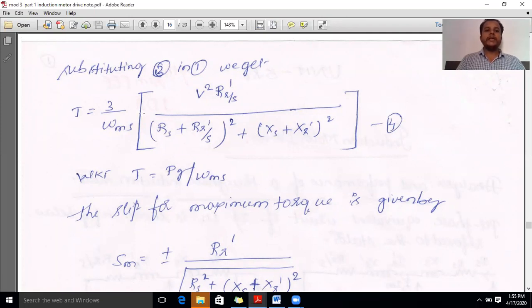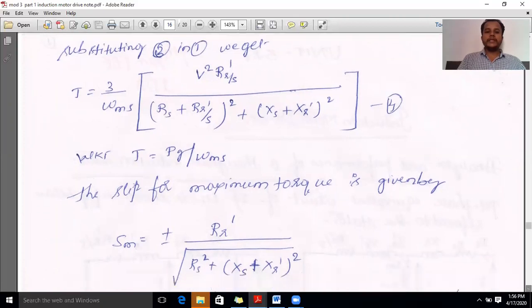We have differentiated the torque with respect to s and equated it to 0. So we have got this particular slip for maximum torque, s_m.